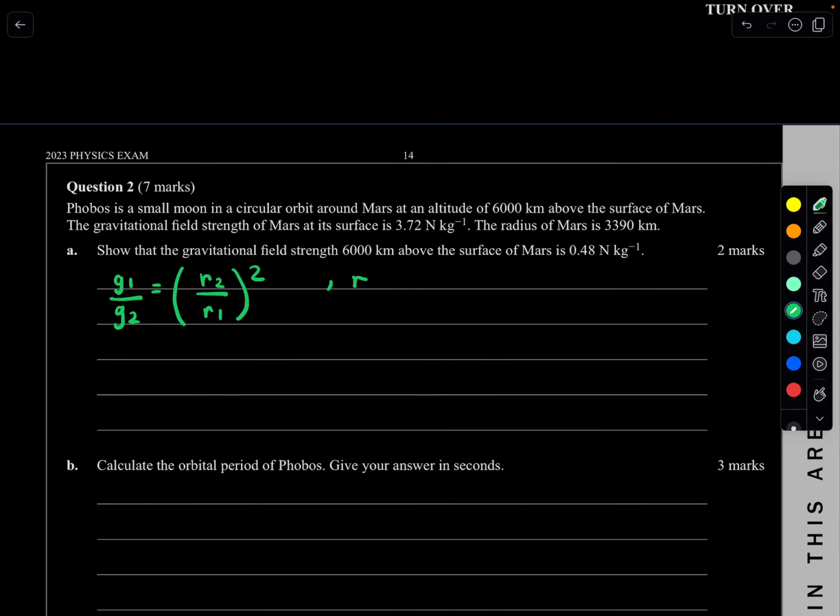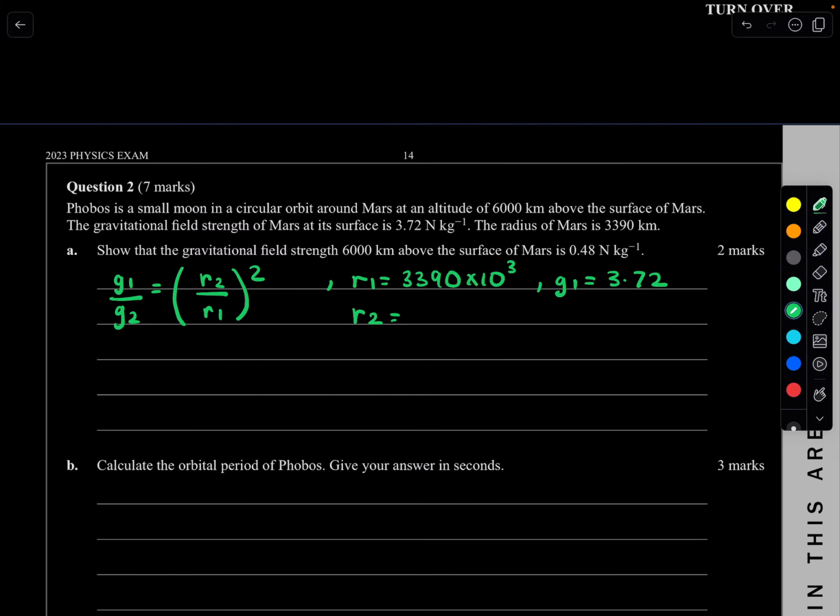So R1, we're given that on the surface of Mars, which is pretty much 3,390 kilometers, so times 10 to the power of 3 to make it meters. That's your radius. And we know our g value for that at the surface is 3.72.